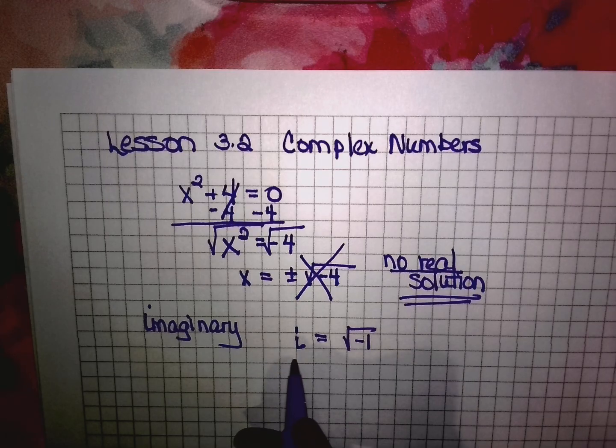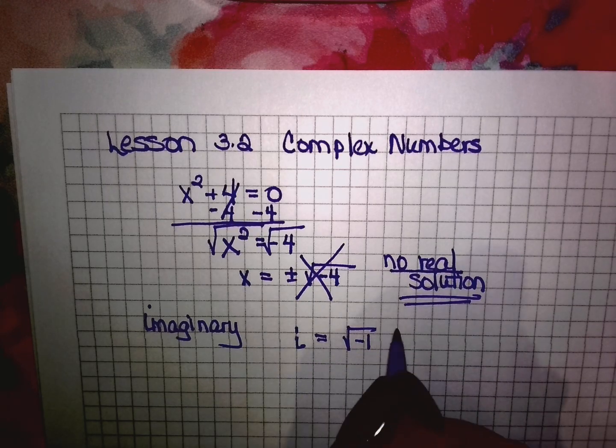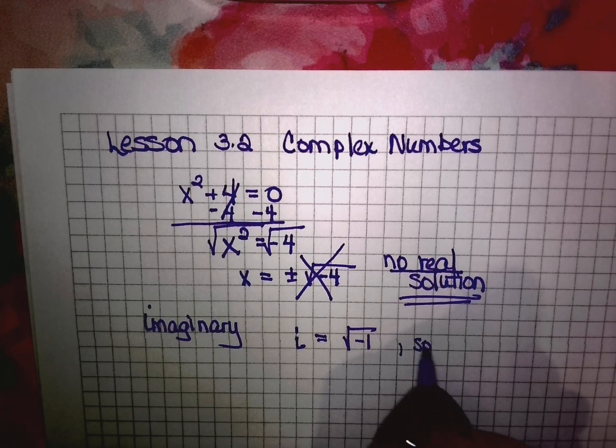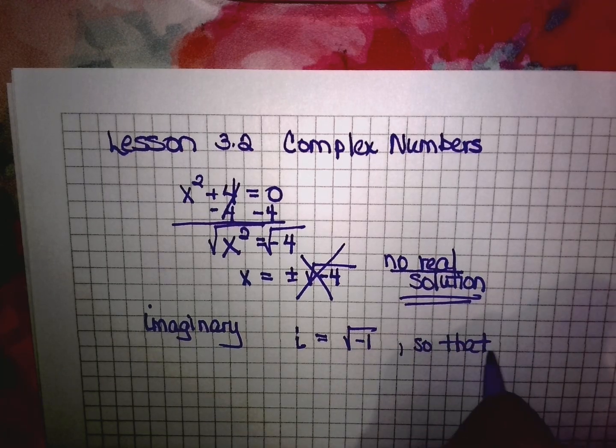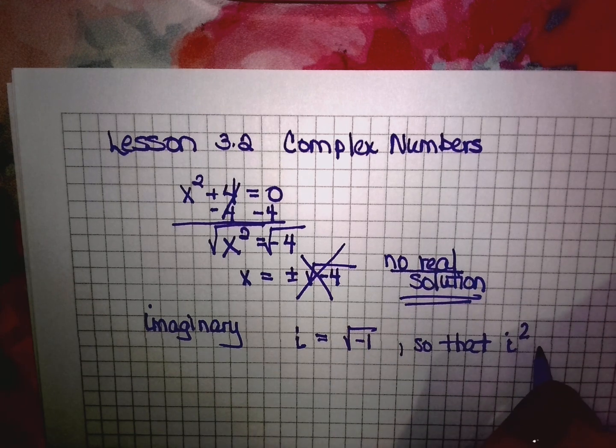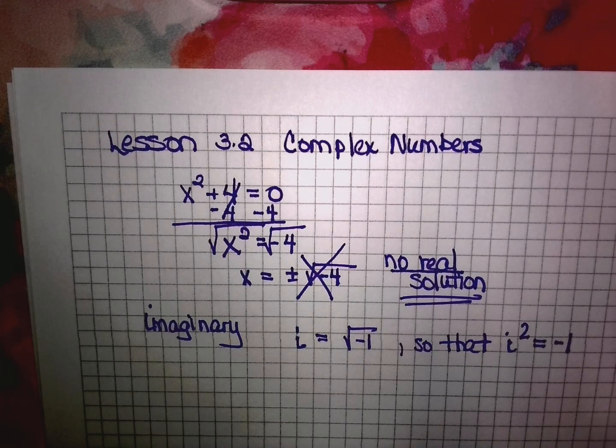So it follows that if i equals the square root of negative 1, then i squared equals negative 1. Okay?